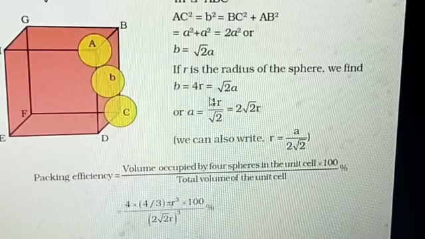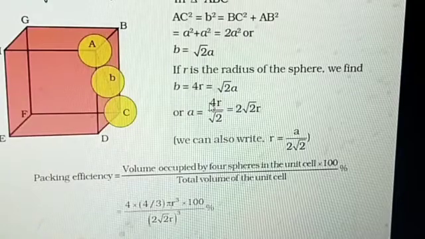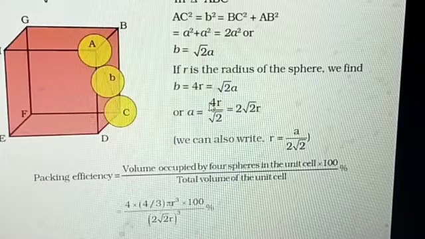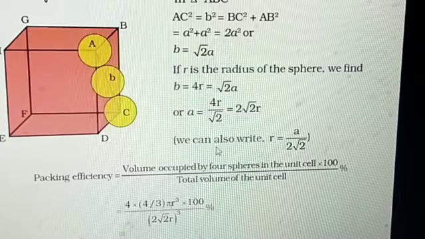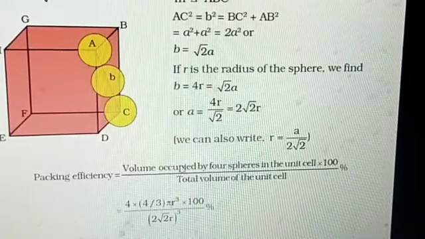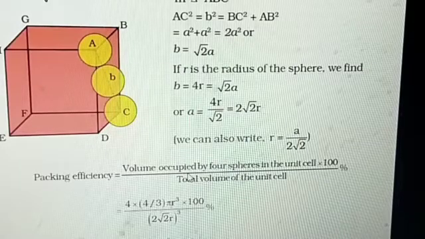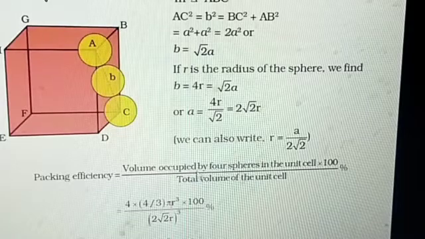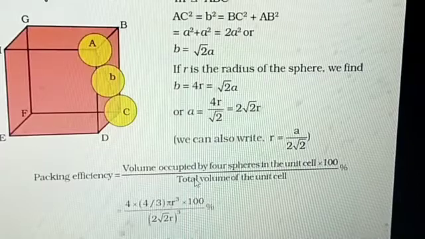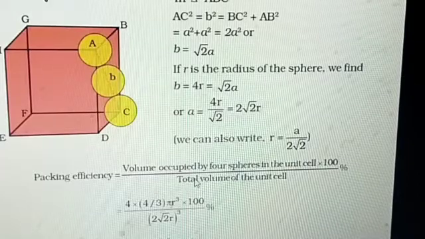So 4r by root 2, 4 we can write as 2 into 2, and 2 again we can write as root 2 into root 2. Root 2 will get cancelled, then we get 2 root 2r. So we can also write r is equal to a by 2 root 2. Then packing efficiency is again the volume occupied by 4 spheres in the unit cell, because in a face centered cubic unit cell 4 atoms are present per unit cell.